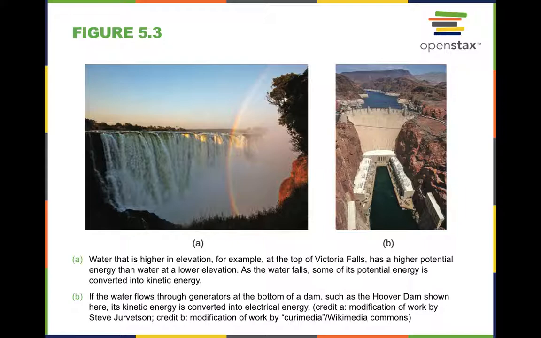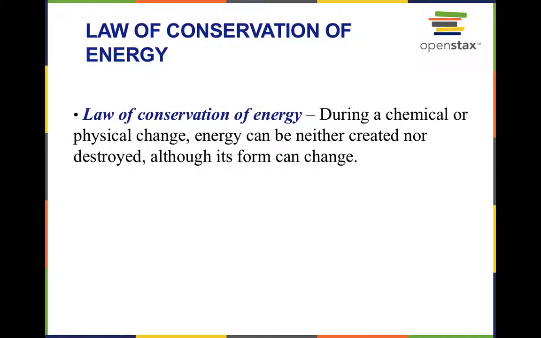And so we can harness that energy using turbines, as in panel B. That looks to me like it's Hoover Dam, and we can run that water through turbines, which will generate electricity just by moving it from a high position to a lower position. So you should know the law of conservation of energy, that in a chemical change or a physical change, energy is neither created nor destroyed.